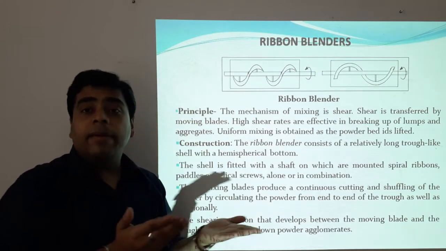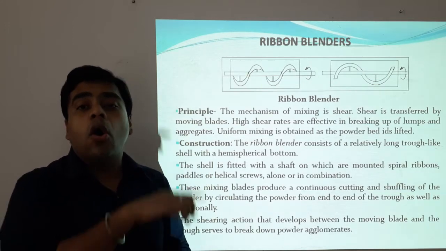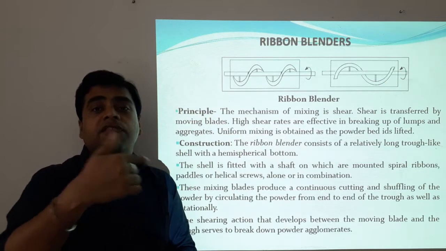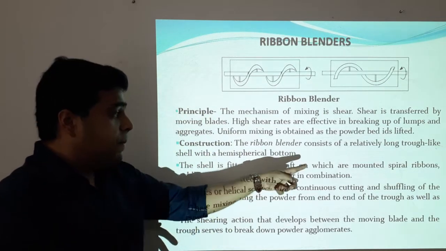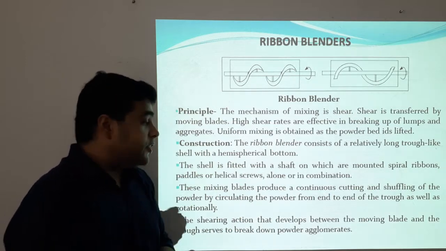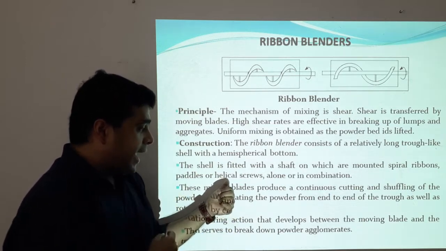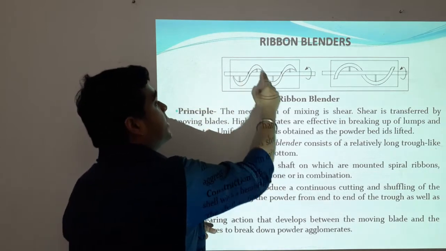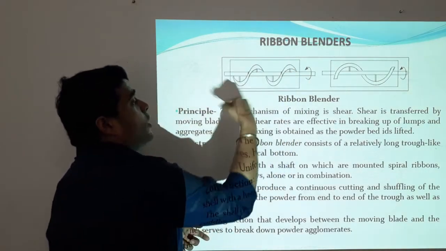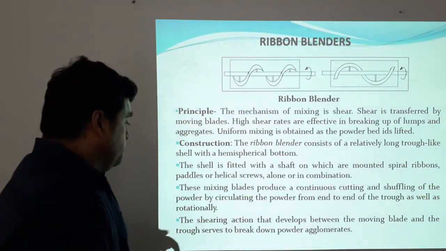Construction: the ribbon blender consists of a relatively long trough-like shell with a hemispherical bottom. The shell is fitted with a shaft on which are mounted spiral ribbon-shaped blades, paddles or helical screws, alone or in combination. It can be just like a single screw or single blade, or it can be a combination also.